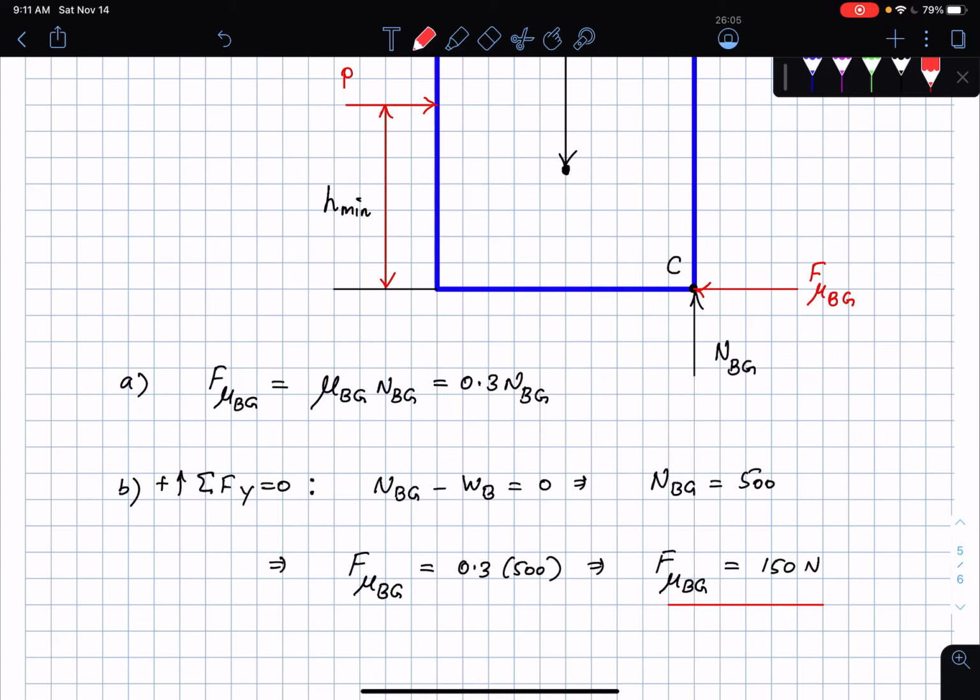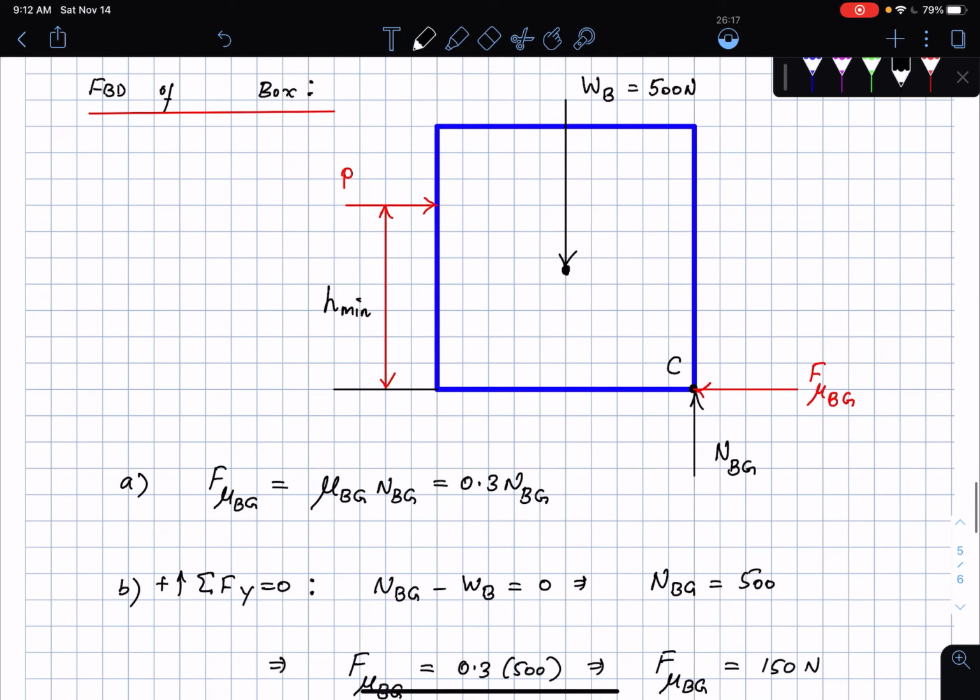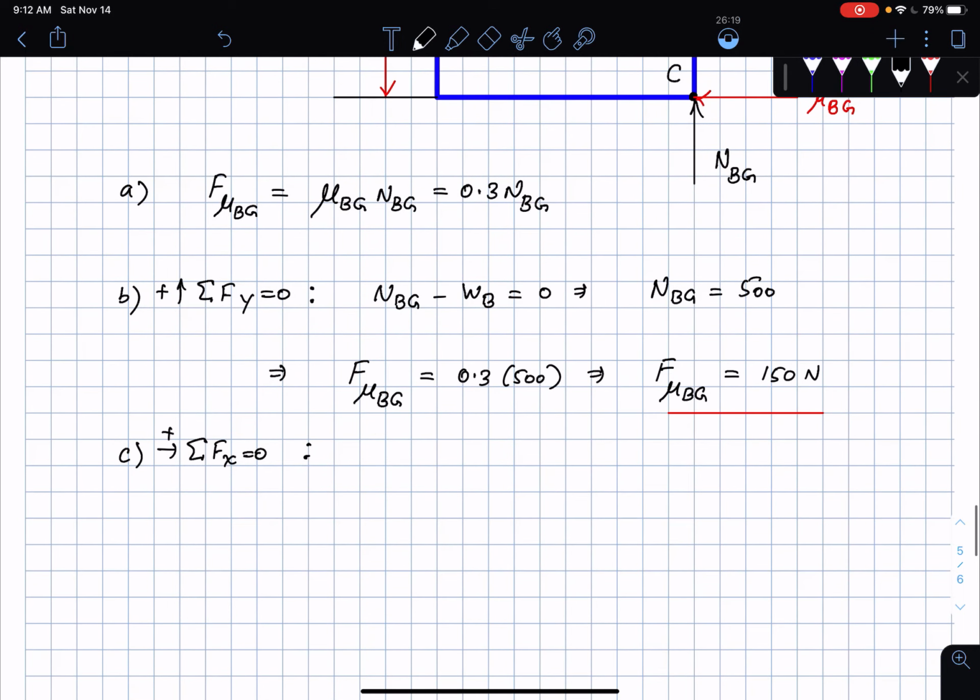Okay, then I sum forces in the x direction. What are the forces? There are only two forces here, right? The force P, the force F mu BG. So P minus F mu BG is equal to 0, which implies that P is equal to 150 newtons as well. Now comes an important thing.